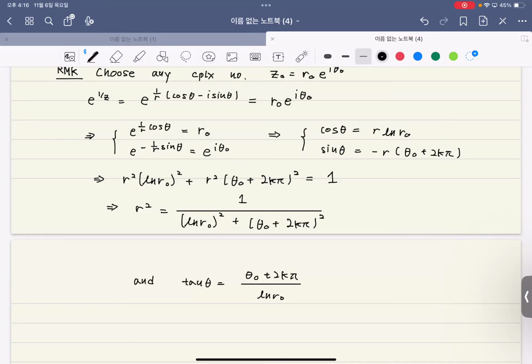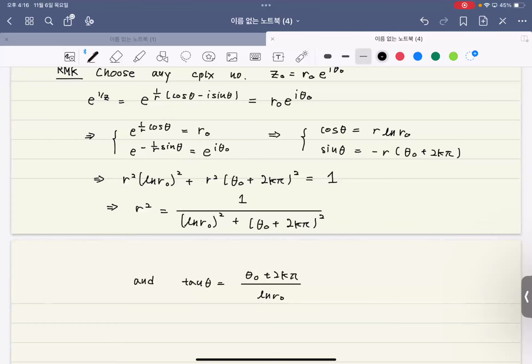But the thing is interesting because I can choose my R to be arbitrarily small, because this integer K can be any positive number. So by choosing K to be arbitrarily large, I can set my R to be arbitrarily small.